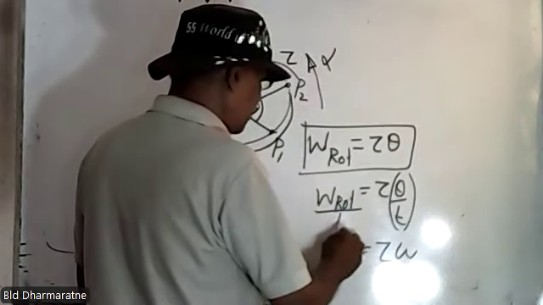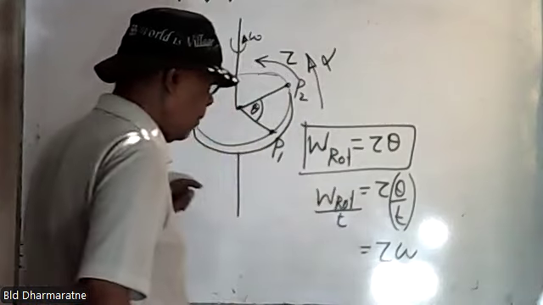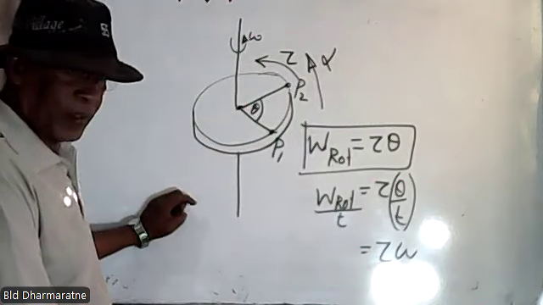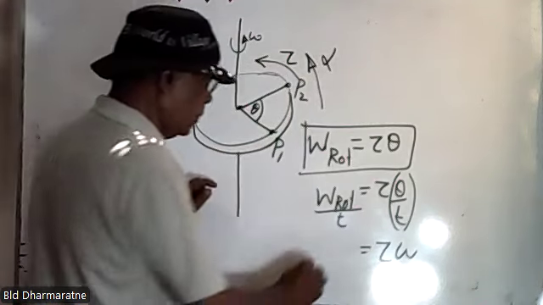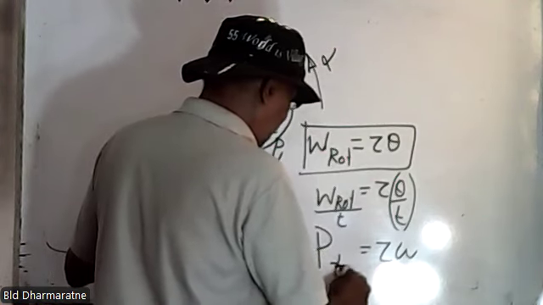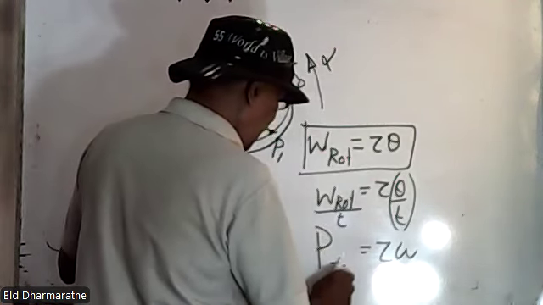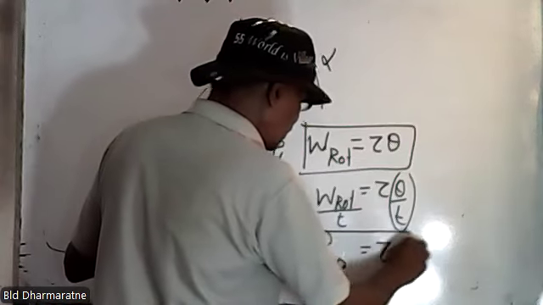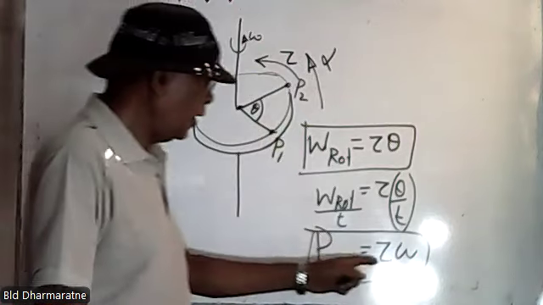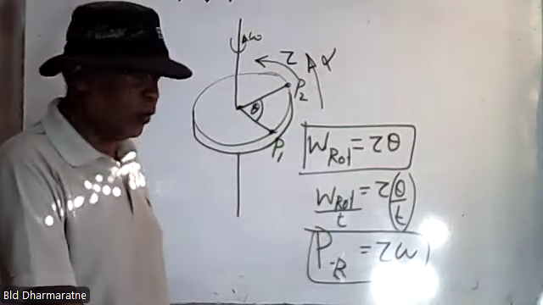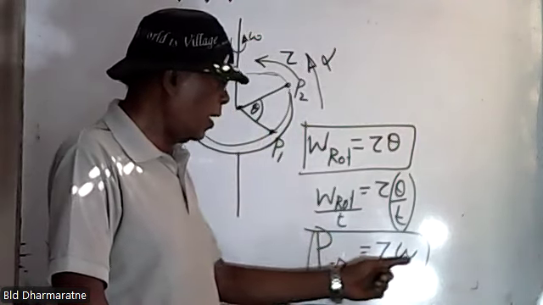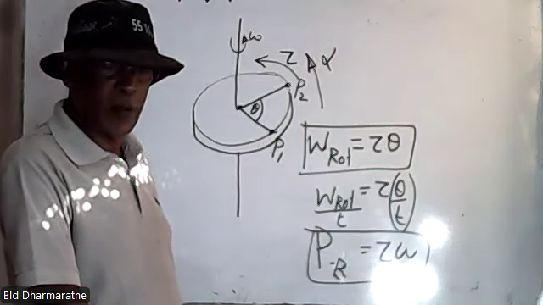This is W over t, work done per unit time, which is power. The rotating power P equals tau into omega.